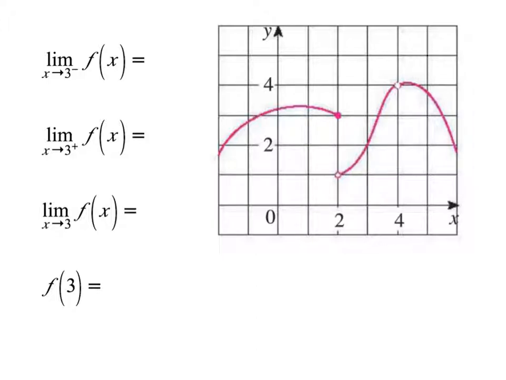All right, so we're now going to figure out what each of these limits would be given the graph. Just to be super clear, this graph is the graph of f of x, which is why we're using f of x there as part of our limit. All right, so the first question is we want to know what the limit is as x is approaching 3, but notice that 3 has a little negative sign as a superscript.